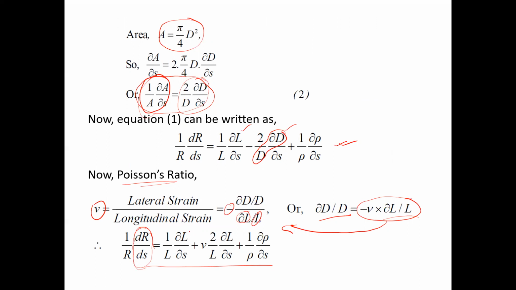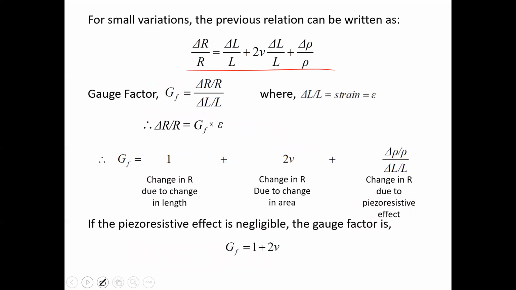Similarly, del L by del S is representing the change in the length, and del rho by del S is representing the change in resistivity. So all these terms are replaced with delta R, delta L, and delta rho, just indicating the change in the corresponding quantities due to the stress, and the corresponding equation is written in this format.